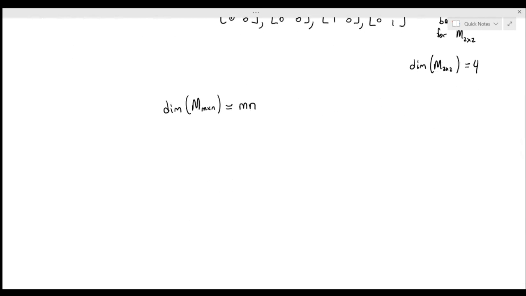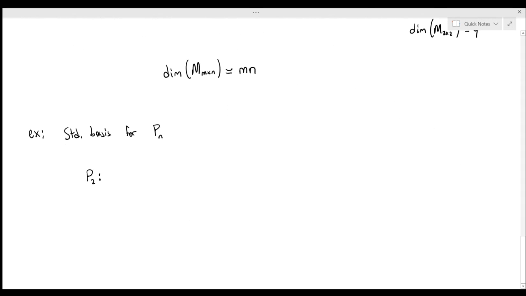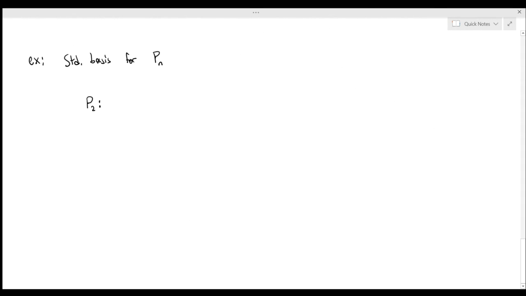All right, finally, you guys also have some examples of polynomial spaces, so let's talk about that real quickly. Again, I'll do a specific example, so let's look at the space P2 first. Remember, P2 is the space of all polynomials of degree less than or equal to 2.